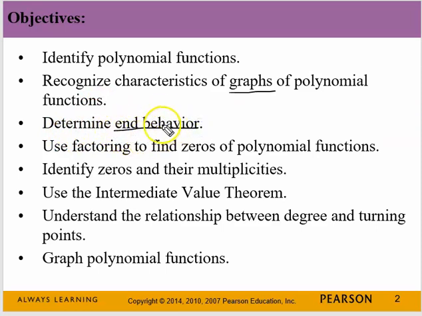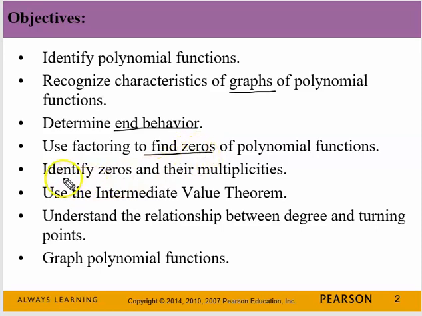So that's something you'd want to know about. What does that refer to? Use factoring to find the zeros. Now again, finding the zeros on a graph is where the line will cross the x-axis. That is, in a sense, finding the x-intercepts.